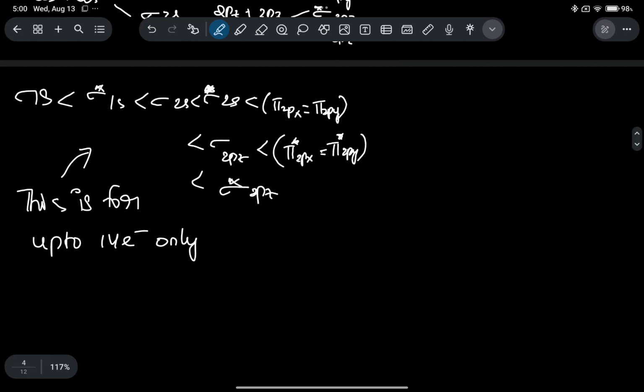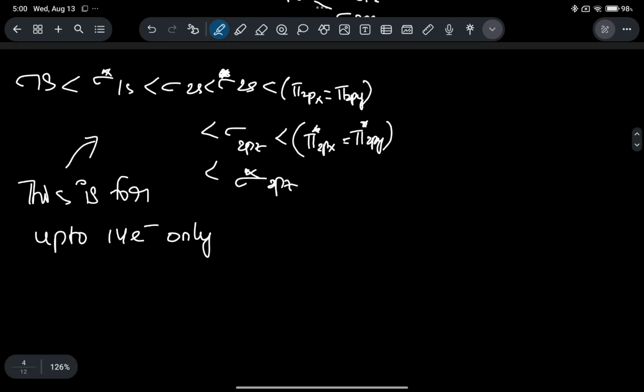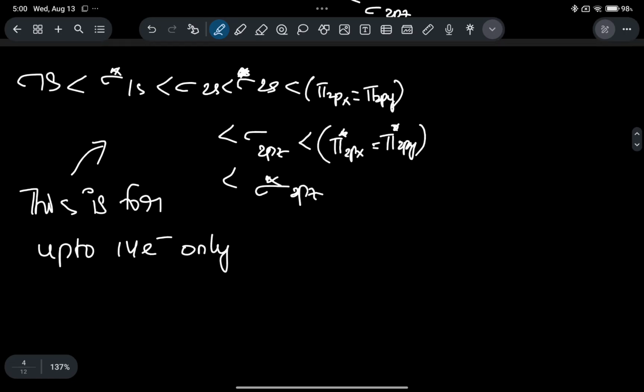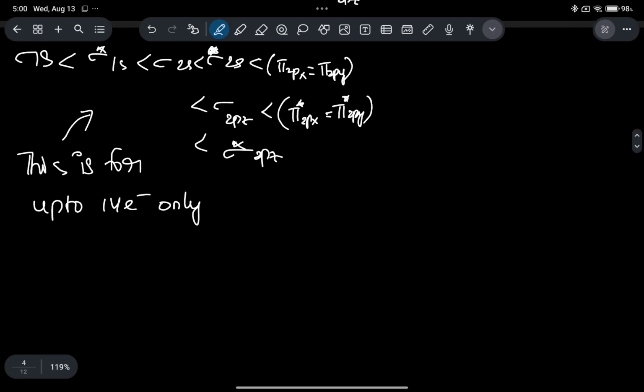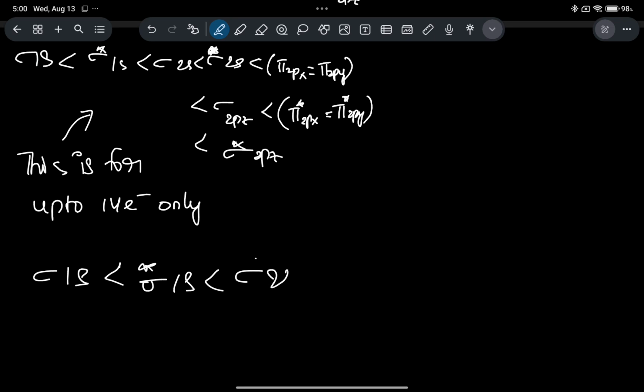What is it for after 14 electrons, meaning 15, 16, 17, 18 and so on? I'll show you. After that: sigma 1s, sigma star 1s, sigma 2s, sigma star 2s.